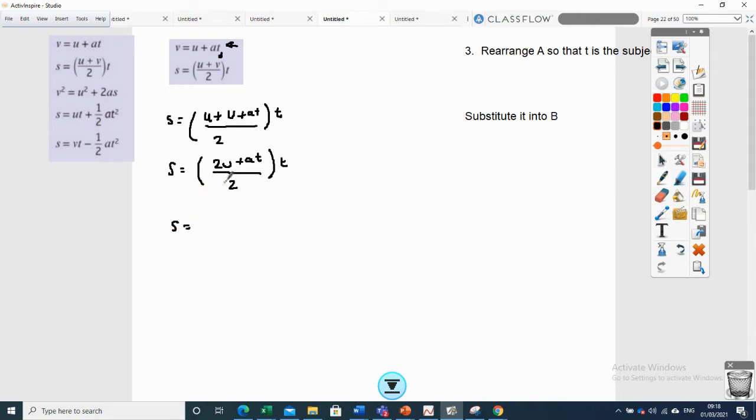I'm now going to divide everything on the top, the numerator of the fraction, by 2, and then multiply through by t.